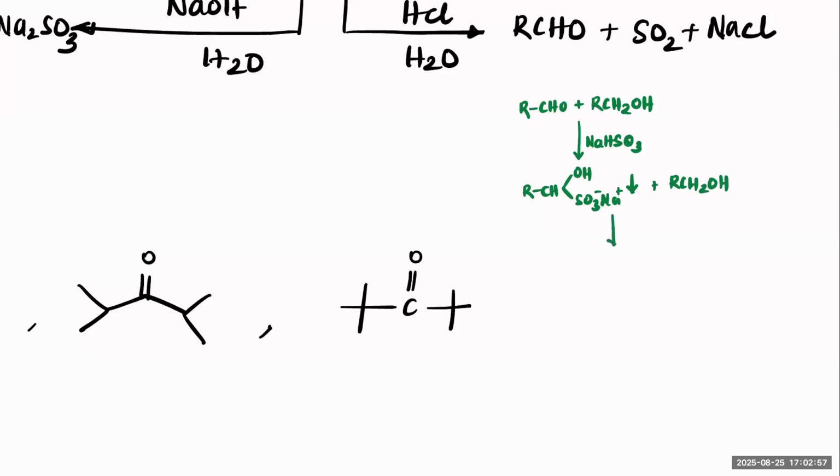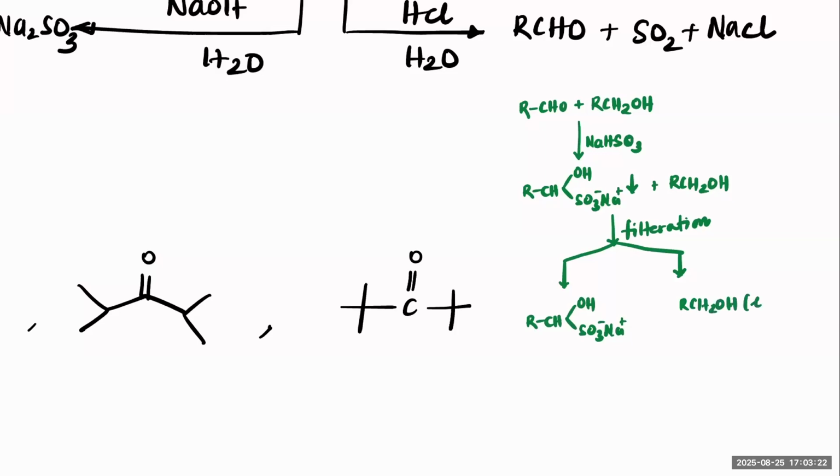So now what you will do, you make a filtration process. Due to the filtration process, the precipitate which is there will be separated out. And on the other side, we will have the alcohol form.